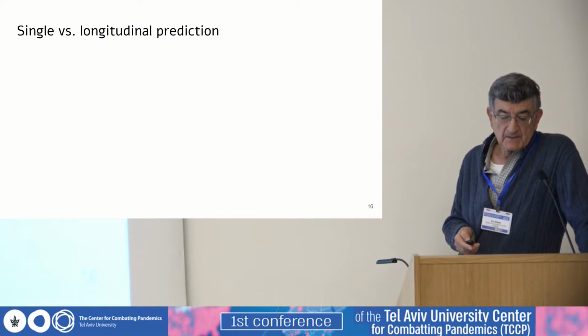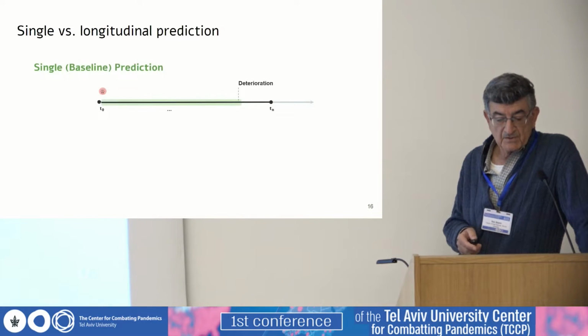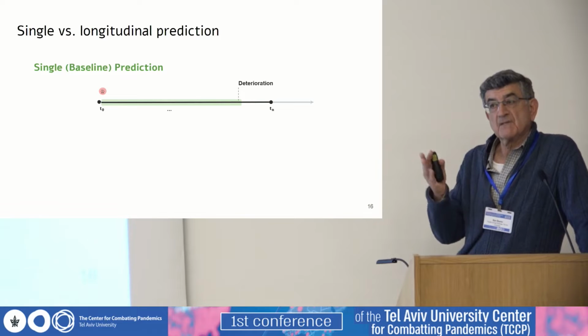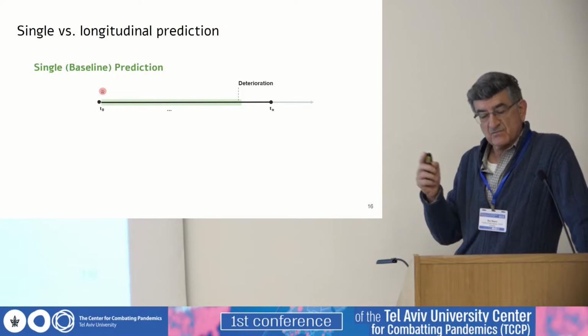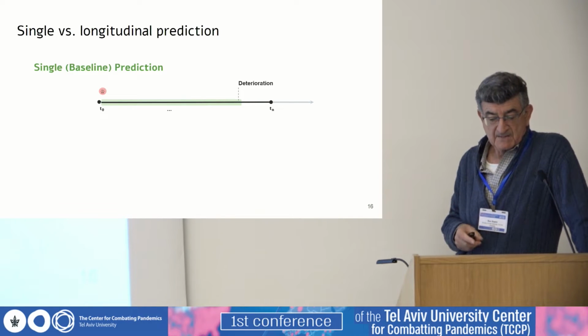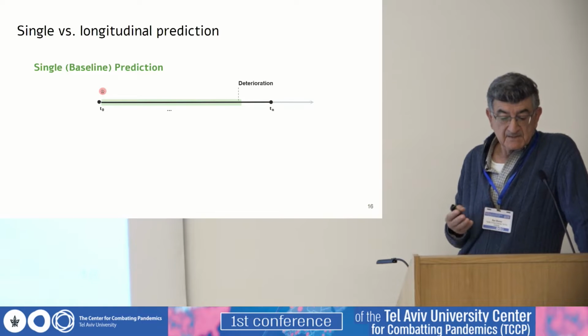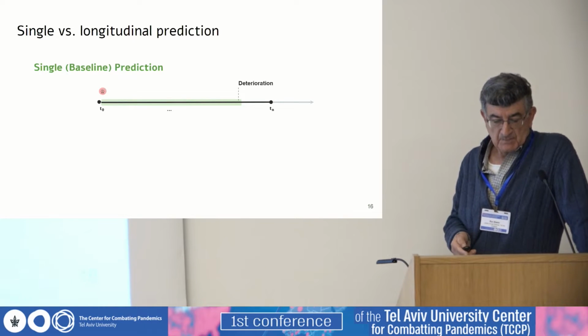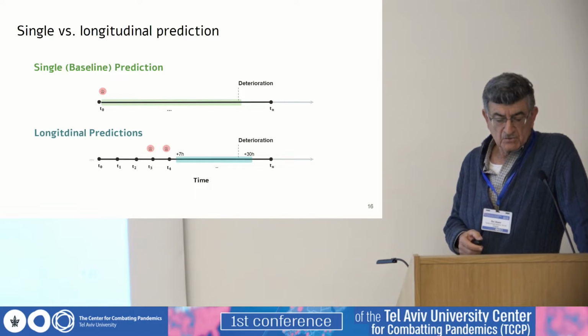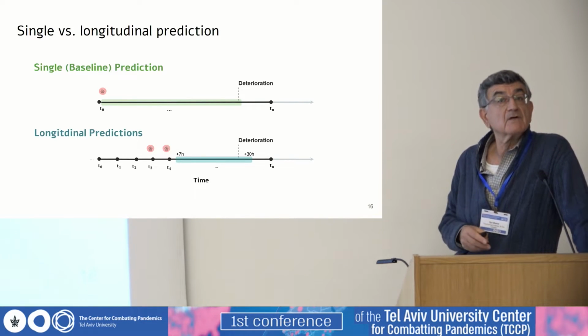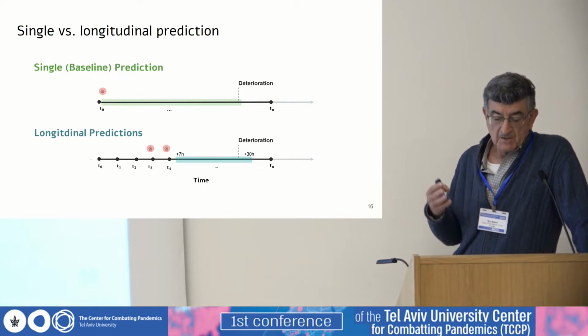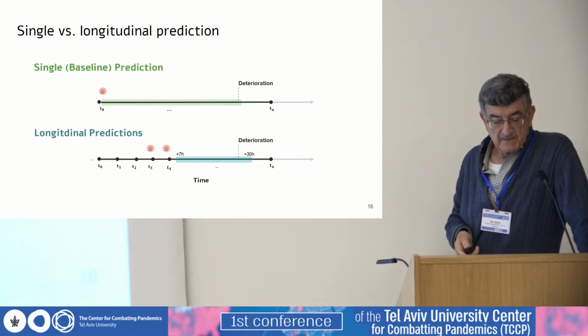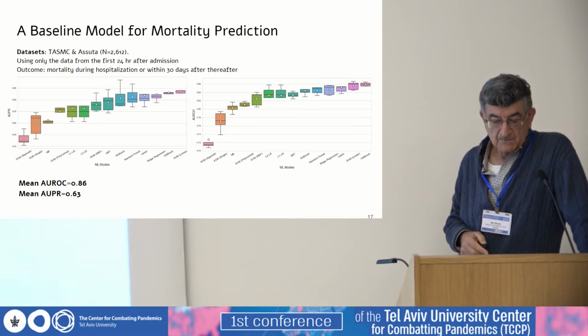So one point that we are observing is looking at a single prediction based on the measurement at the baseline, at the entrance of the hospitalization, and predicting the deterioration anytime within the hospitalization. So this is the baseline prediction, and the longitudinal prediction is similar to what we have done before, but with possibly different outcomes.